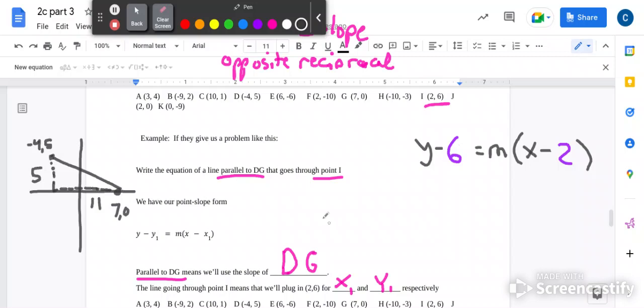It's a downward, decreasing line, so the slope is negative 5 over 11. So the slope of DG is negative 5 over 11.